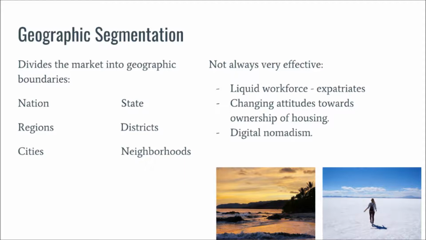It is also somewhat limited, as more and more people are living as digital nomads, and they're living in different parts of the world, and borders are increasingly, although in some parts of the world they're going up, also becoming more porous in general. It's a very blurred construct. So as with previous cases, often using a mix of segmentation methods is more appropriate.